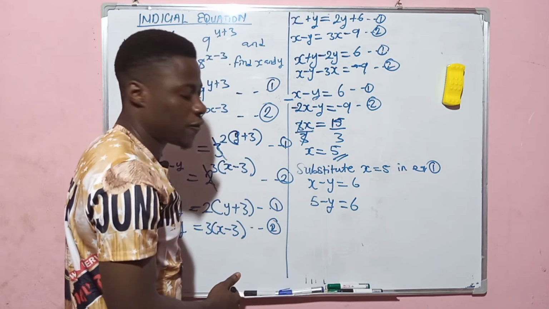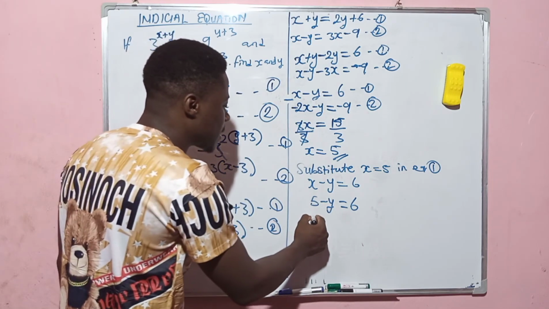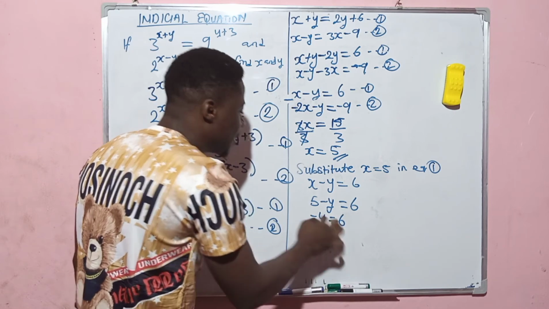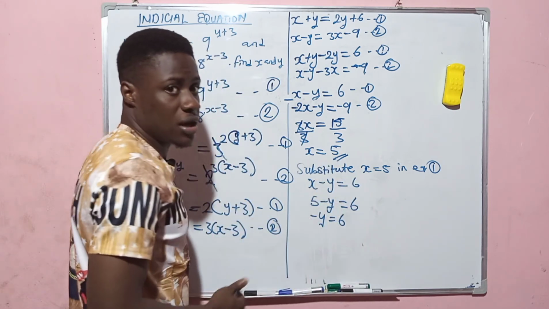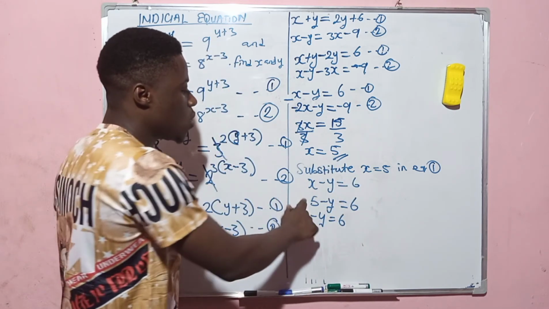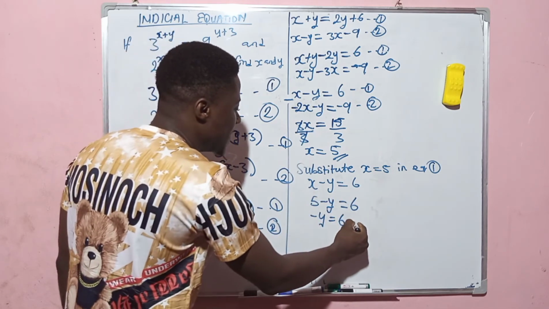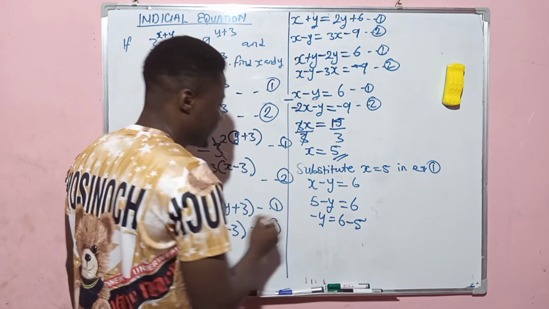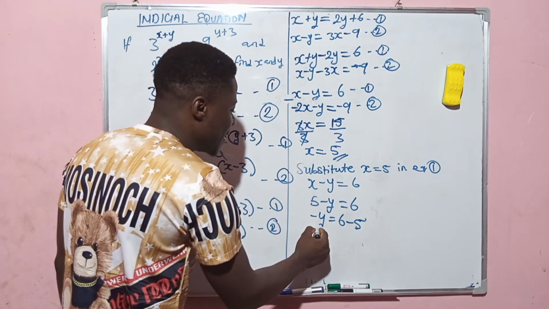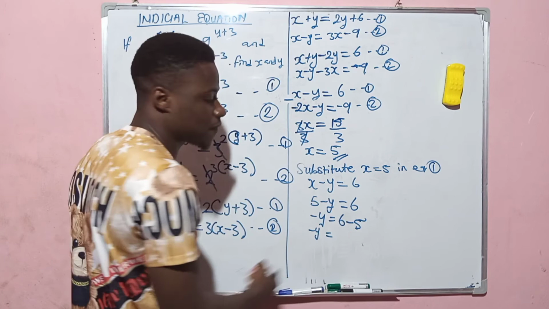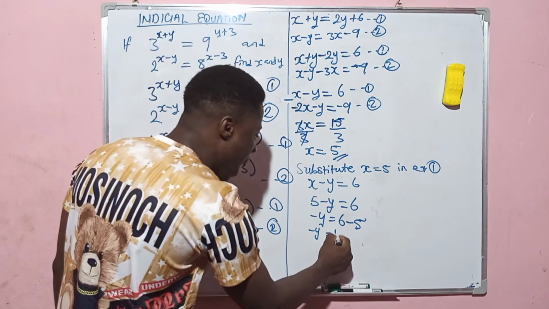Make y the subject of the formula. When I do that, I'll have that minus y equals 6. 5 will cross over to the other side of the equation, as you can see. When we cross 5 over to the other side of the equation, I'm having minus 5. So I have minus y equals 6 minus 5 will automatically give me what? 1.